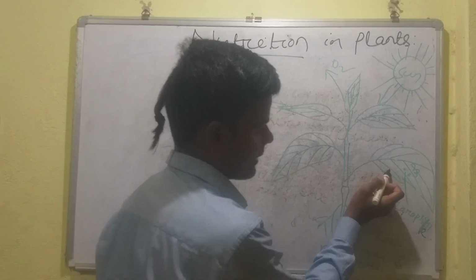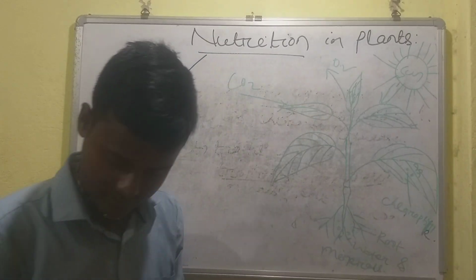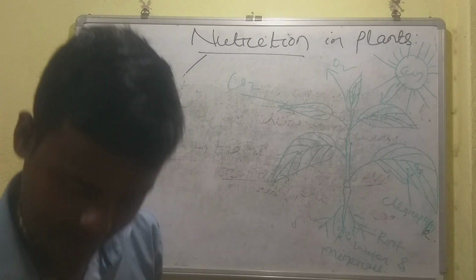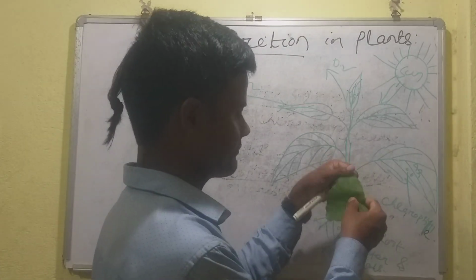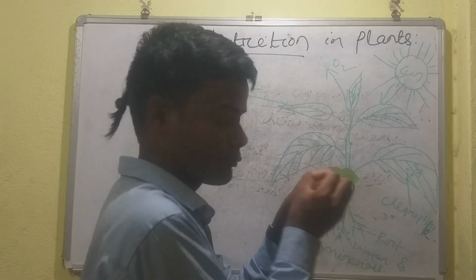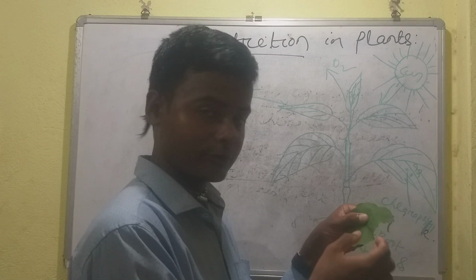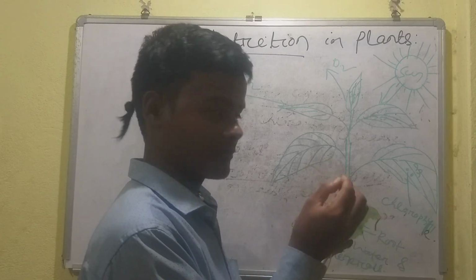This is the leaf of the plant, and the leaves contain chlorophyll. I have the leaf of a peepal tree. You can see this is the leaf of a peepal tree, and if you take a small portion of this leaf and put it on a slide under the microscope, you can see something green, a green pigment.